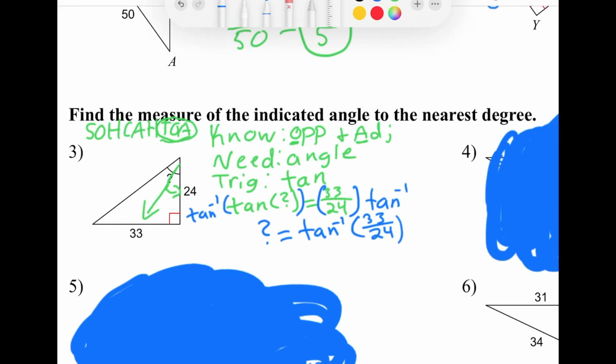I explained explicitly how to put this in the calculator. If you go back to week 2 in the extra video, I linked into that document. But you just simply put this in the calculator, remembering to be in degree mode, and your angle measurement should be approximately 54 degrees.